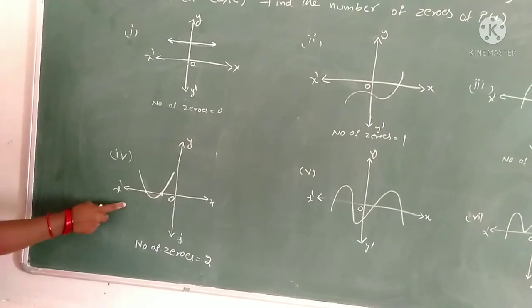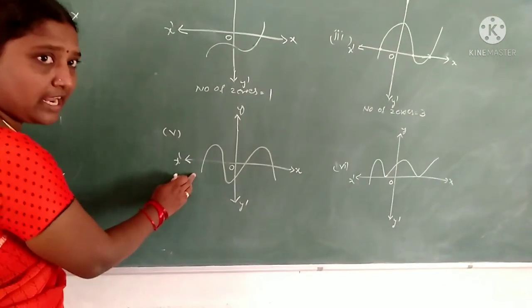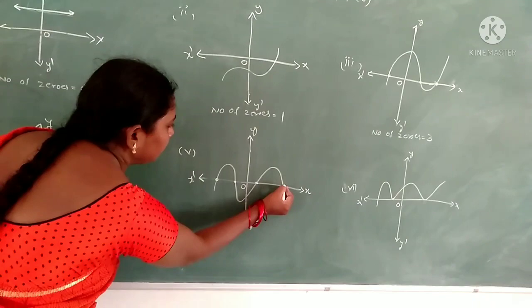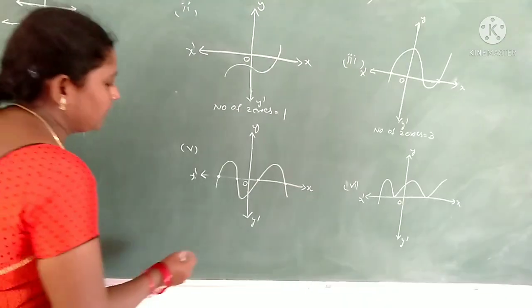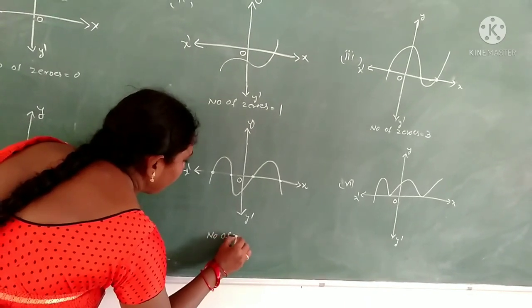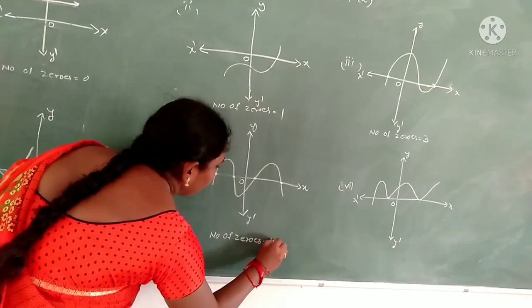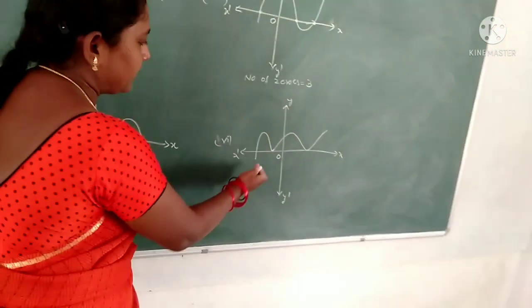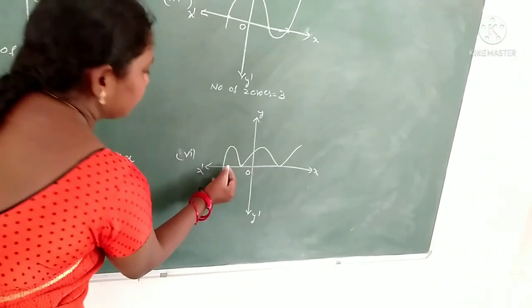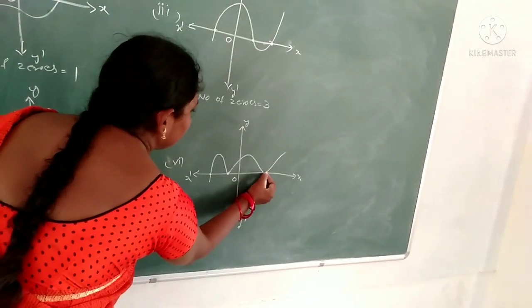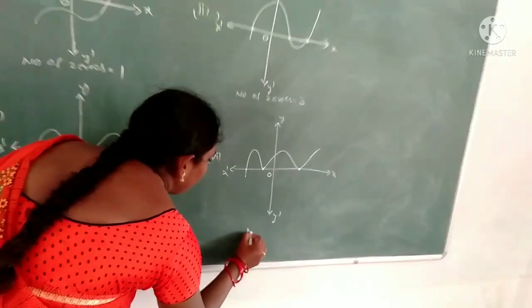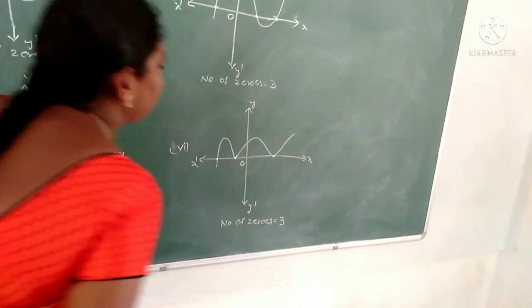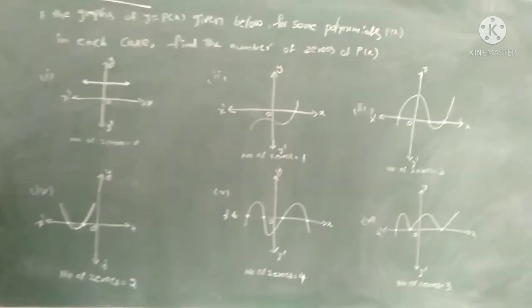Next one, the graph touches the x-axis at 1, 2, 3 points. So, number of zeros equal to 3.